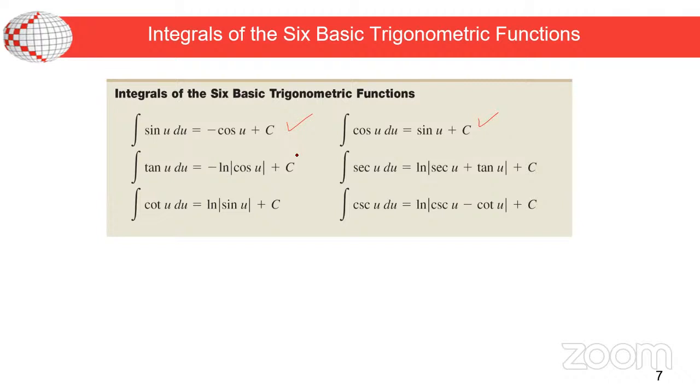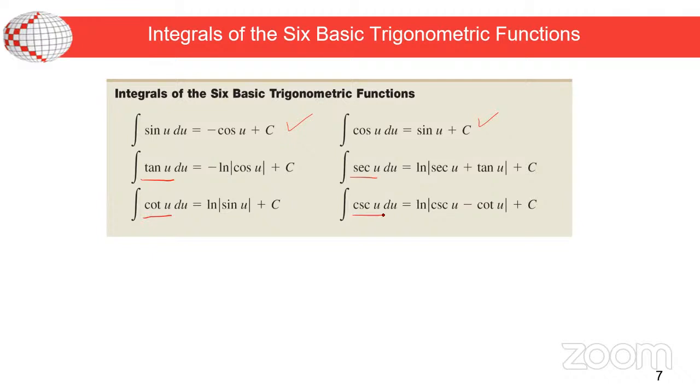The other four are not known yet, but I can tell you what they are and why they are here. The other four functions in the integrand are tangent, cotangent, secant, and cosecant.